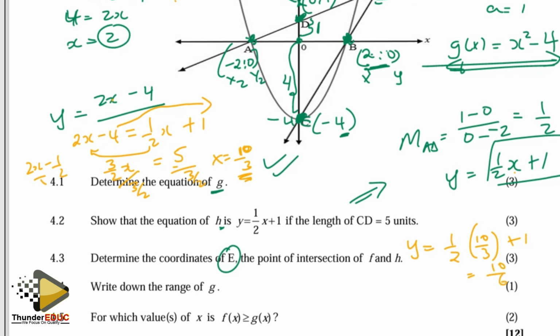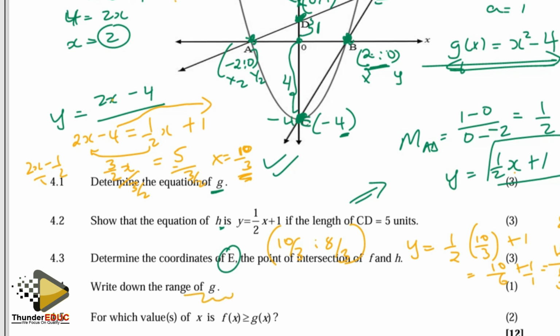That's going to be 10 over 6 plus 1, which is the same as 16 over 6, which is 8 over 3. So we have 10 over 3 and then 8 over 3. So these are the coordinates of G.